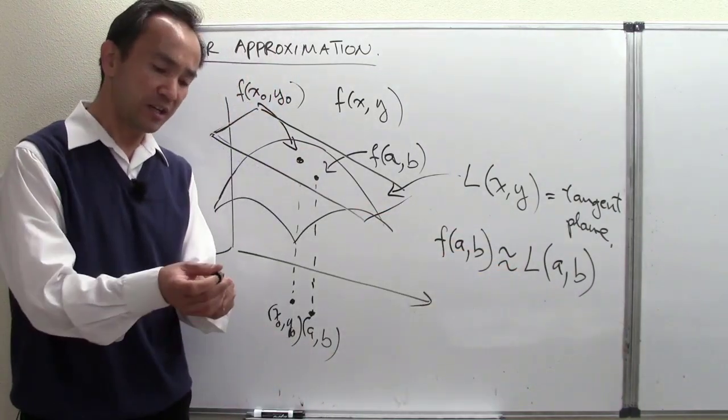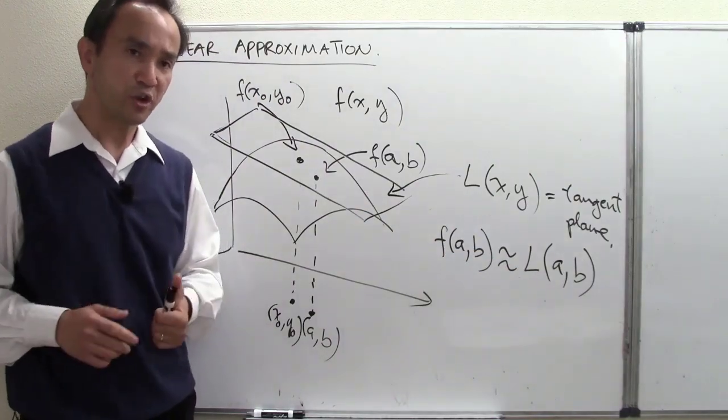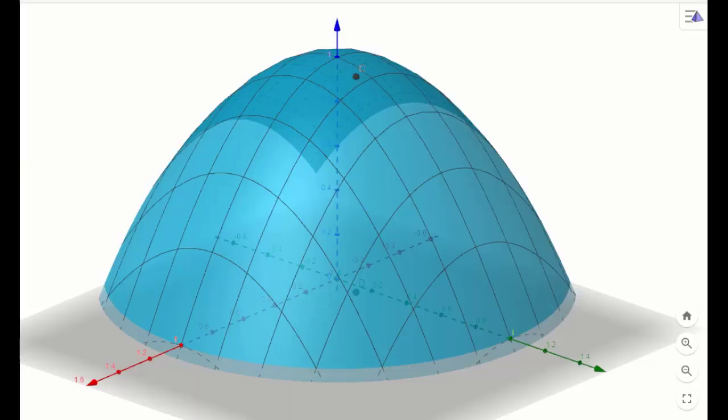Let me now quickly do a computer graphic demonstration. On my computer screen right here, this is some surface representing the given function f of x comma y. This point right here is the point a comma b that I have on the floor, and we want to evaluate the height of that.